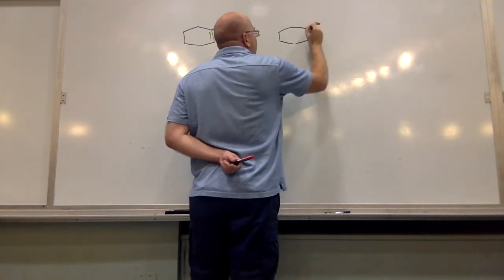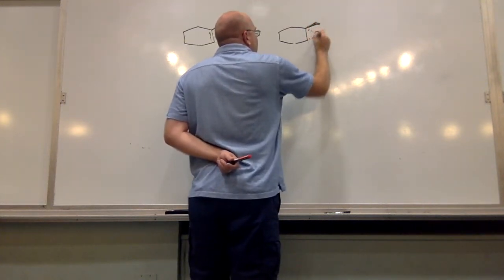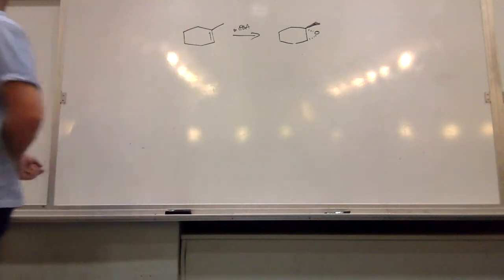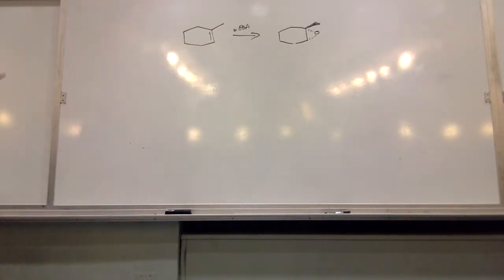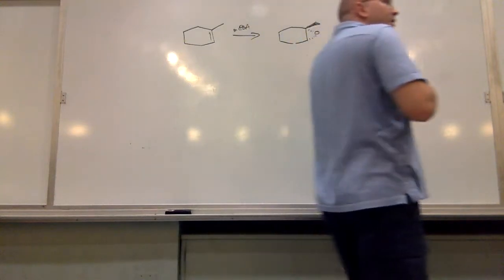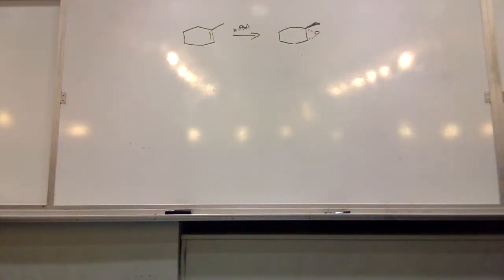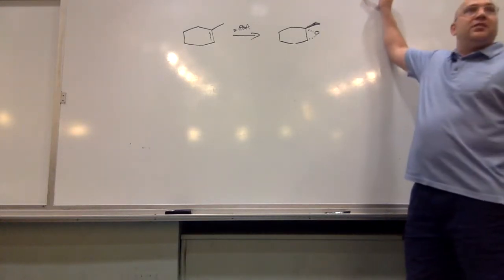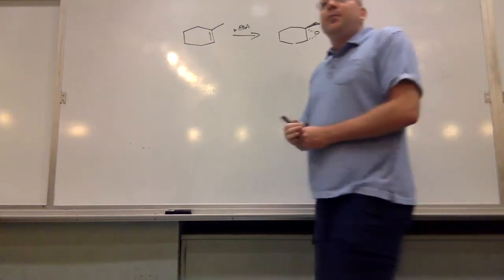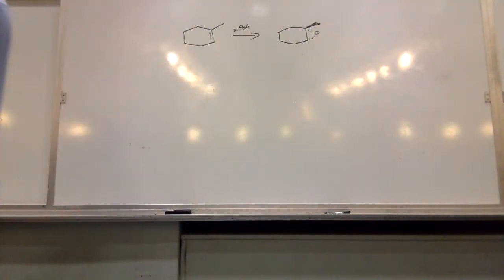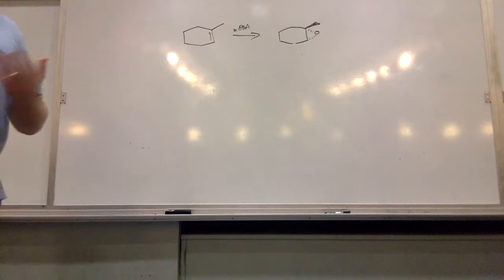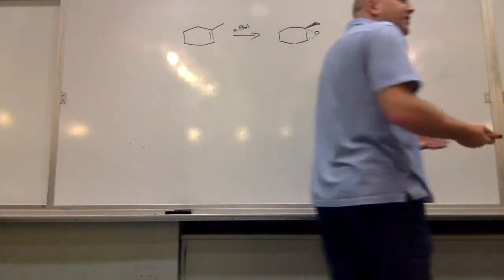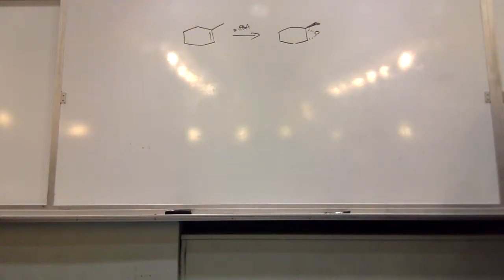Unlike the previous case where we had a symmetric epoxide, here we have an unsymmetric epoxide. And so what that means is that if we're going to open this epoxide, treat it with some type of nucleophile, we can imagine that nucleophile attacking on one face or the other face. And it turns out that how you mediate these processes will actually have fairly different results. Okay?